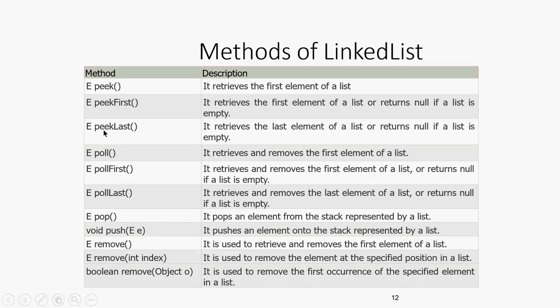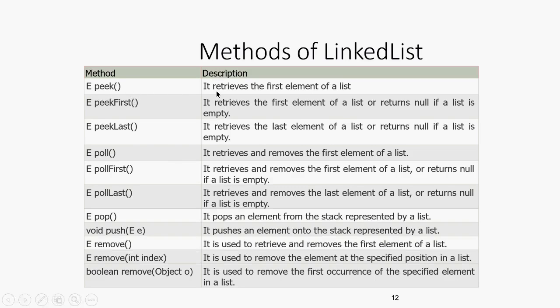You can also see a few other methods like peekFirst and peekLast, which retrieve the first element from the list. When you give peek for a list, whichever is the first element at that moment will be taken. And poll will remove it. You have to know the difference between peek and poll.